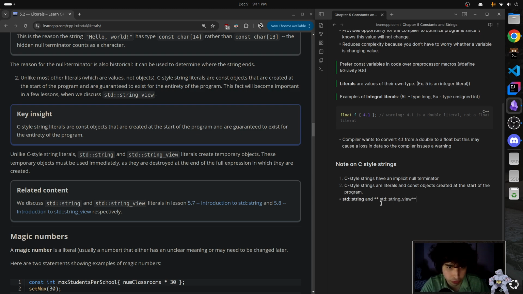I don't know what string view is. I'm not entirely sure what that means.